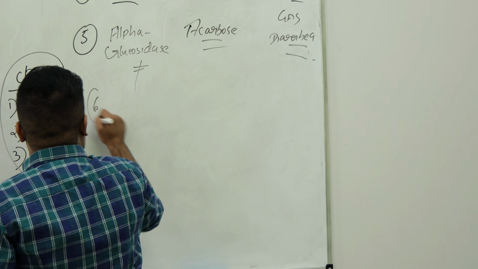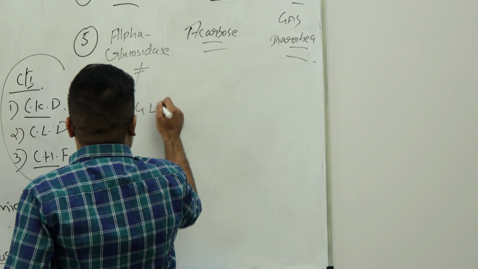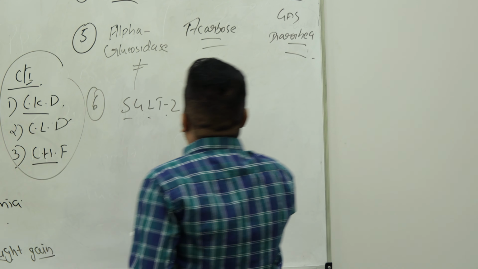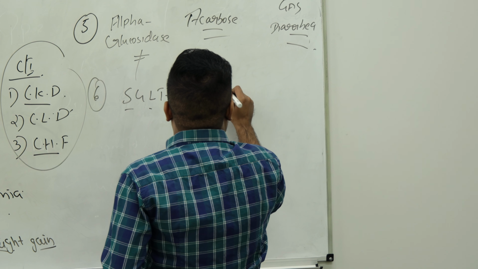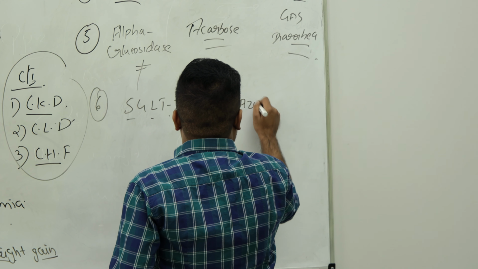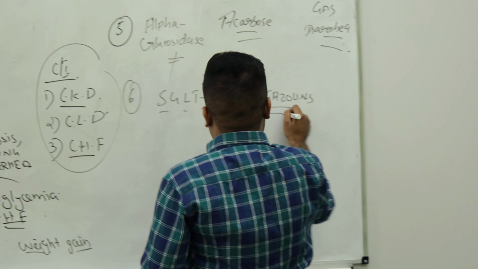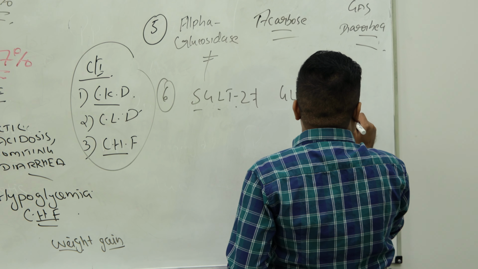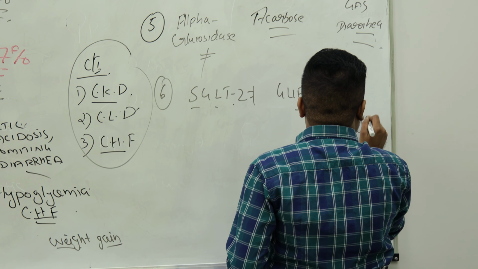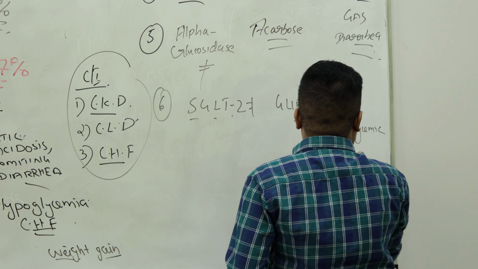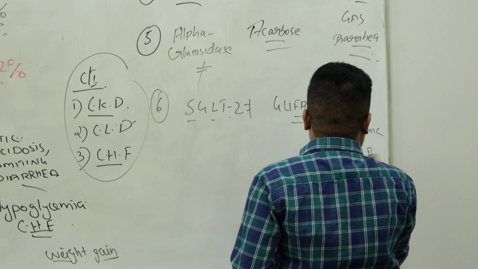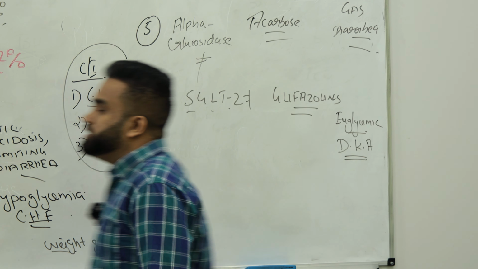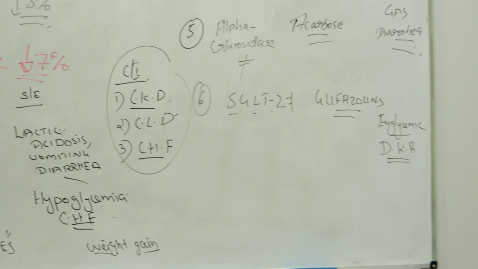Then we have drugs like SGLT2, sodium glucose transport 2 inhibitors, the drugs like gliflozins. Now what will they cause? They will cause euglycemic diabetic ketoacidosis, DKA. SGLT2 inhibitor will cause euglycemic DKA.